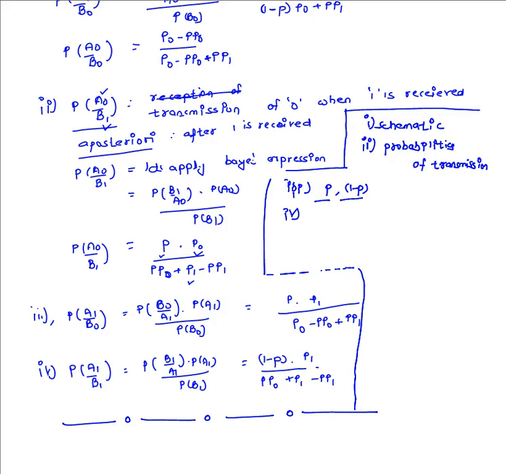Then we have calculated the probability of reception of 0, P of B0, and the probability of reception of 1, P of B1, using total probabilities.